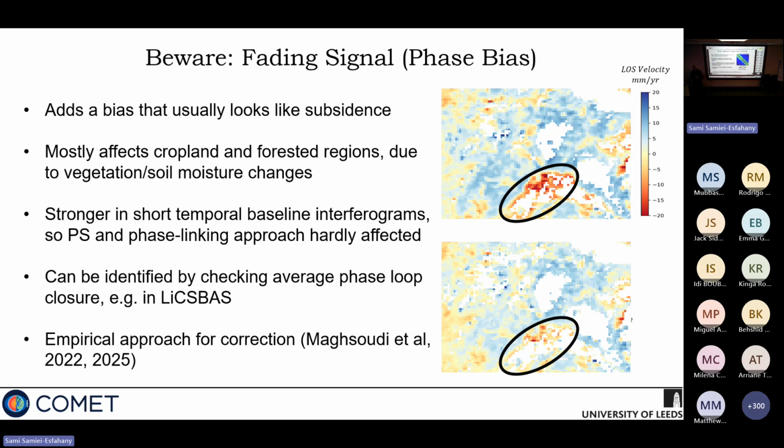But for sure, if you have stronger atmospheric signals, then that also affects it. You can often see these seasonal terms strongly reflect the atmospheric term. There are other atmospheric effects. People know a lot more about atmosphere than we do.